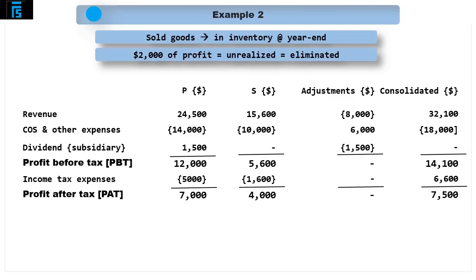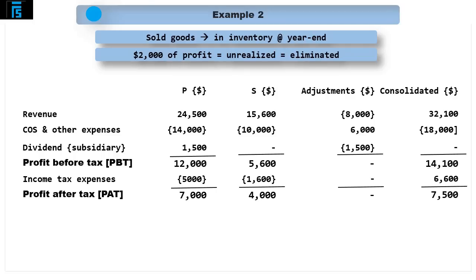The dividend from the subsidiary gets eliminated in its entirety, leaving a profit before tax of €14,100. The consolidated income tax expense stays at €6,600, producing a net profit of €7,500. You should appreciate that this figure is lower by €2,000 than the after-tax profit computed under the previous scenario.